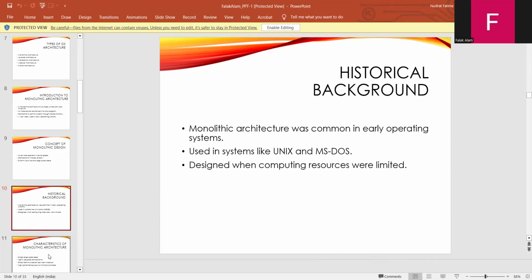As a monolithic system allows the operating system to perform efficiently without the overhead of complex communication mechanisms, it was used in earlier operating systems like UNIX and MS-DOS, with the limited resources that were available during that time. Examples of earlier monolithic systems include UNIX and MS-DOS.